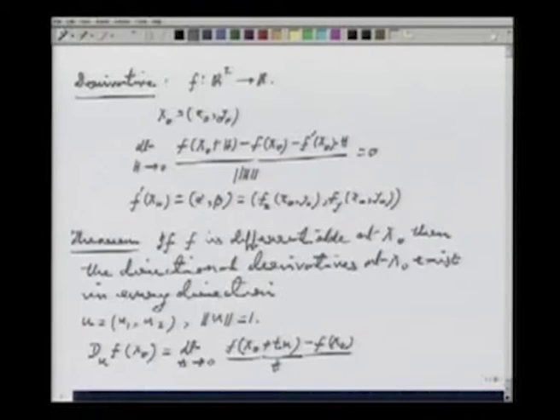This is the definition of the directional derivative. So all I have to show is, assuming that f is differentiable at the point x naught, that the directional derivative exists in all possible directions.